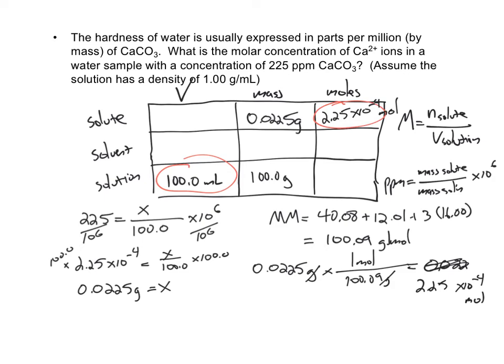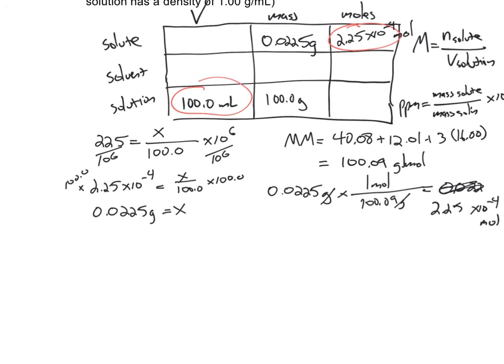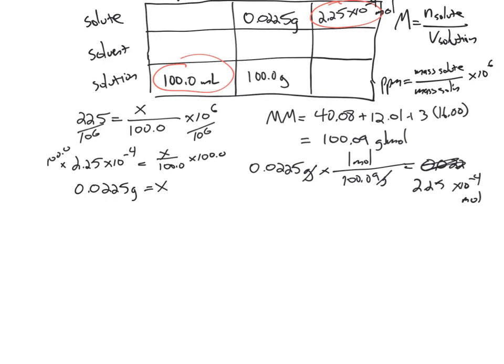And then the last thing I need to do, now I know the moles, right? I know the volume in milliliters, so I need to be sure I convert that into liters. But then I have everything I need to calculate the molarity. So V is 100 milliliters. And again, I'm just going to do this in my head. You want to be able to get to the point where you can go from milliliters to liters in your head. We just need to divide this by 1,000.